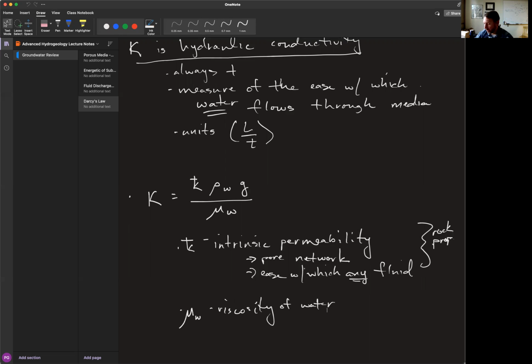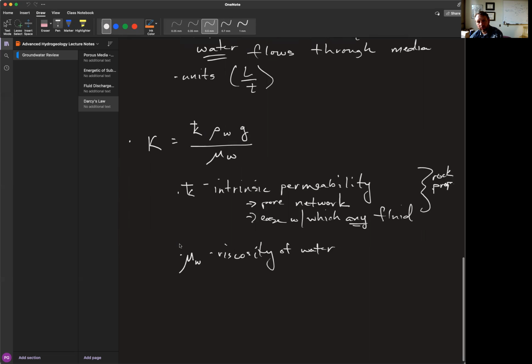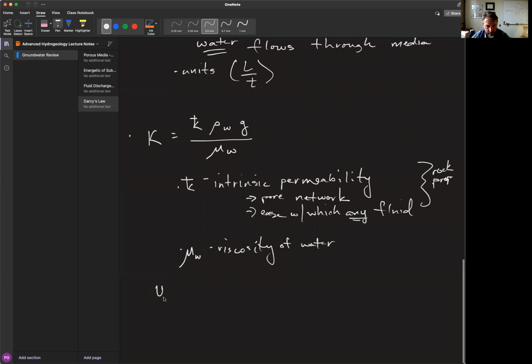Let's do unit analysis for our equation up here.